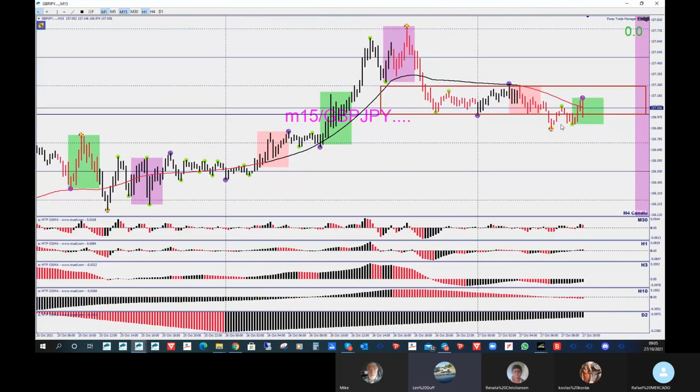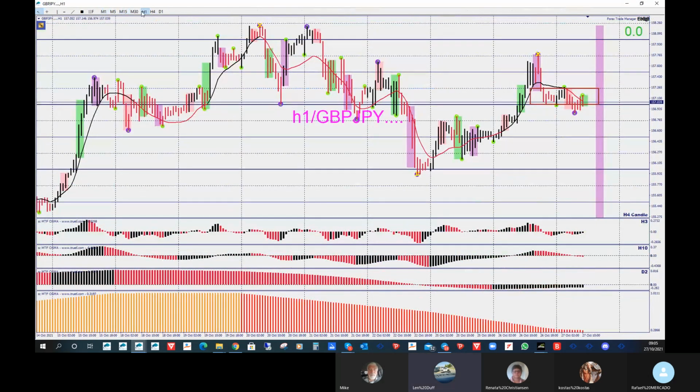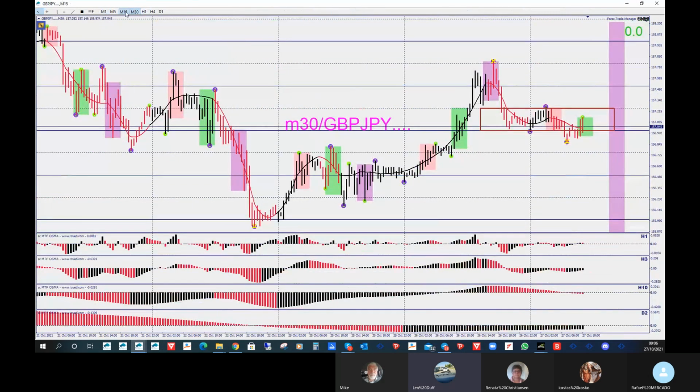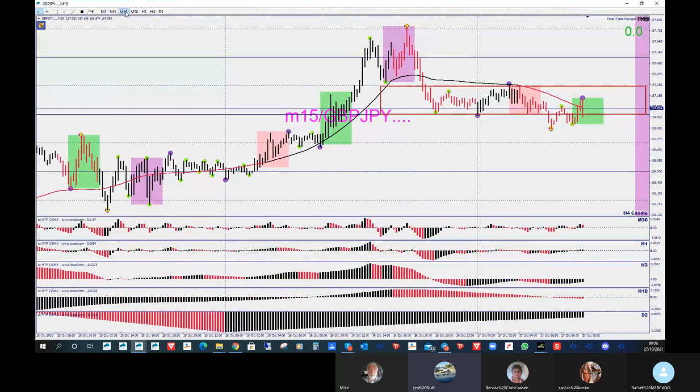Now the 3 hour wants to go long, the 1 hour wants to go long, and the 10 hour is still short. So that's why I just played a few pips and got out, because it did align from the 3 hour, the 1 hour, the 30-minute, and the 15 on my 5-minute chart. But it is kind of ranging.